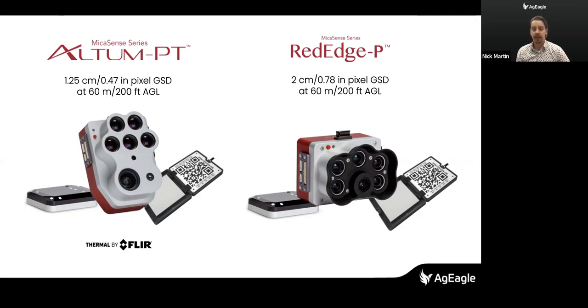The Altum PT is our highest end sensor that includes a thermal camera to pick up on that long wave infrared band for a lot of different types of analysis, including yield and biomass. The Red Edge P camera over on the right doesn't feature a thermal camera, but still retains the panchromatic sharpening image techniques that we talked about earlier.